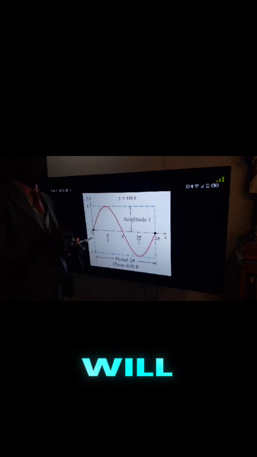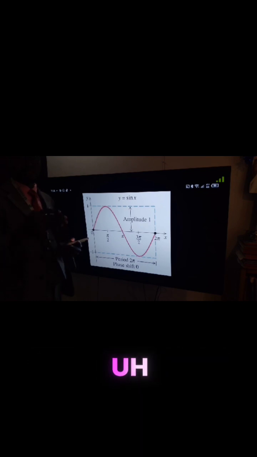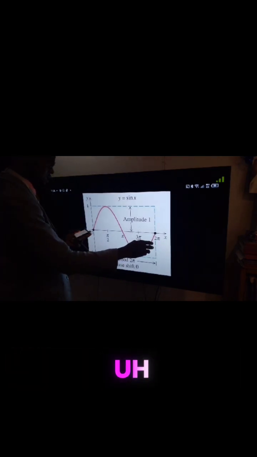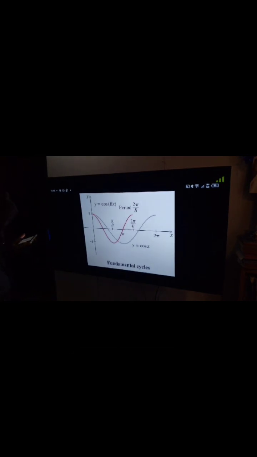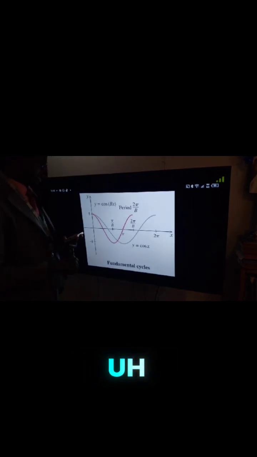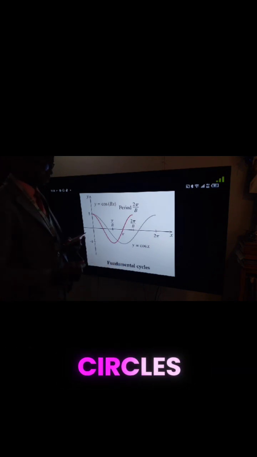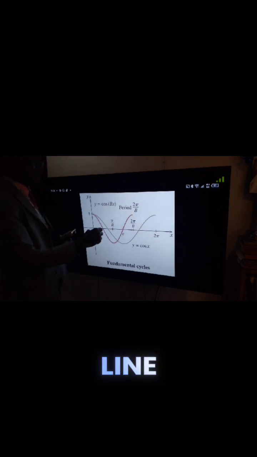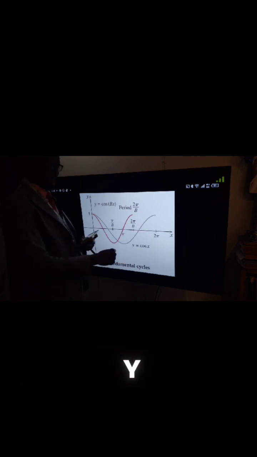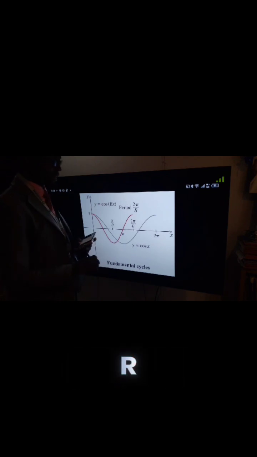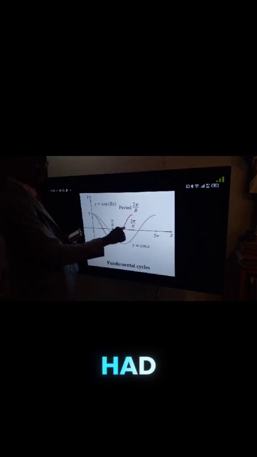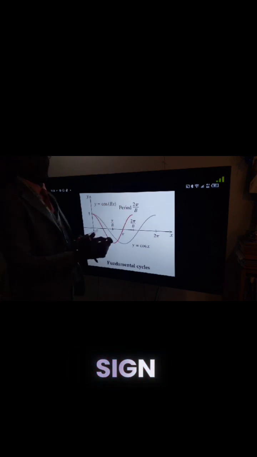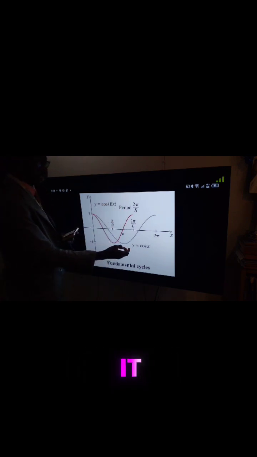So this is the first type of graph, and we shall be looking at different kinds of graphs that will help us understand how we can apply this same graph in computations. Let's look at the following graph. We have the fundamental circles graph. You can see this gray line. This is the first line showing that the function y equals cosine of x. Remember, when we had a complete oscillation, the graph was showing sine of x. In this case, it is a cosine.